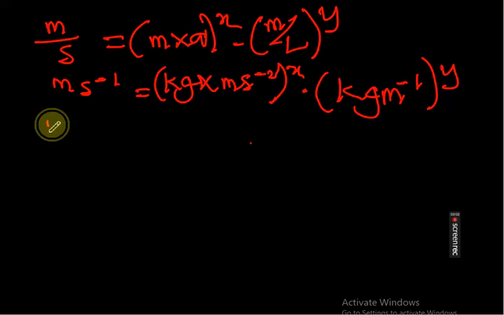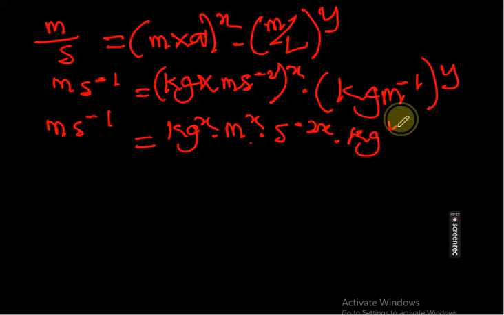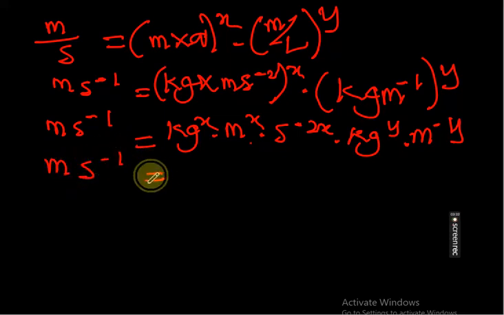Here now you have meters per second equals, open the bracket, kilogram raised to power x, dot, meters raised to power x multiplied by seconds raised to power minus 2x, then dot, on the other hand, kilogram raised to power y dot meters raised to power minus y. So this is now meters per second equals, collect the like terms together: kilogram raised to power x, kilogram raised to power y.